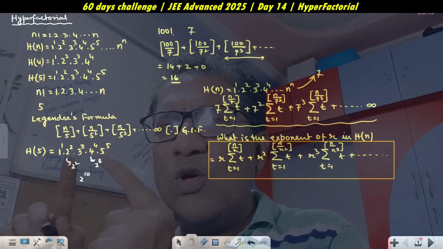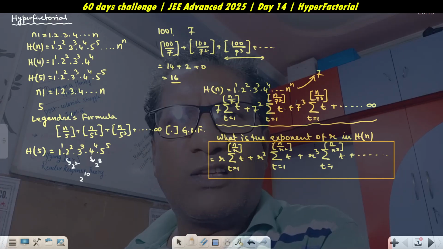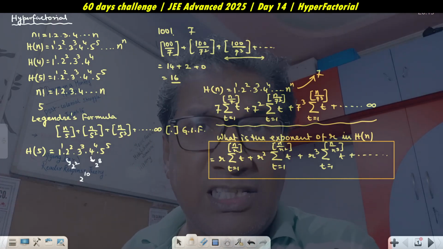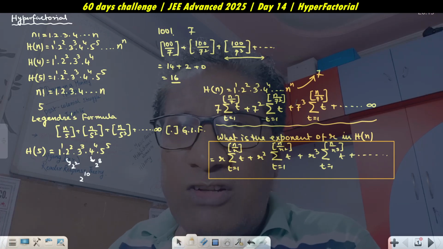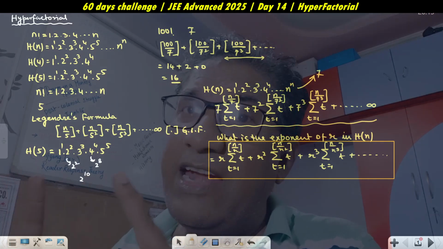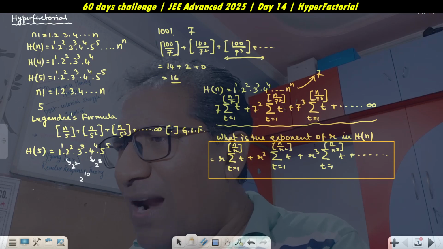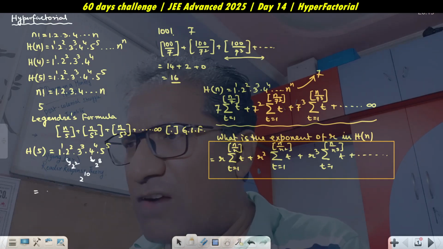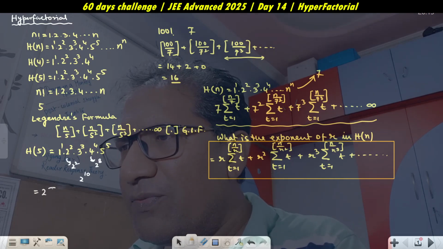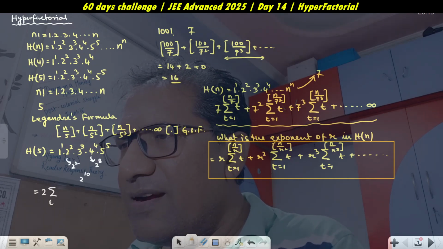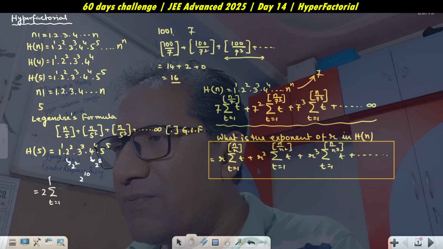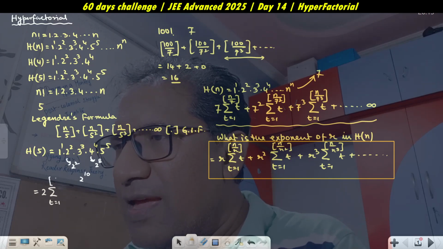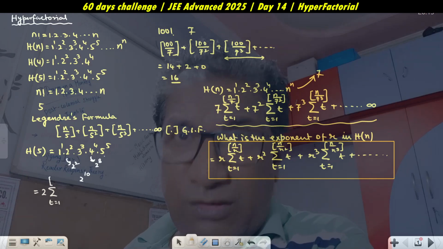Now I will try to use this formula to verify whether our answer, that is the exponent of 2, is coming to 10 or not. So what I will write? Here I will write, we want to find out the exponent of 2. So it is 2 sigma t starts from 1 till how much? Here your n is 5.